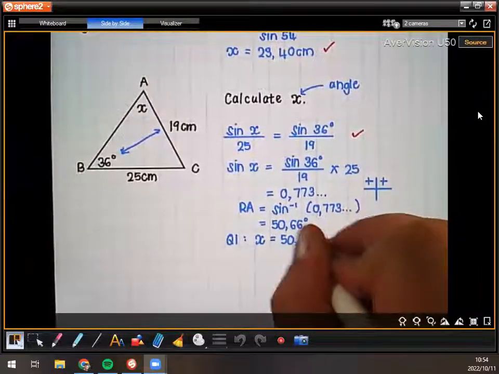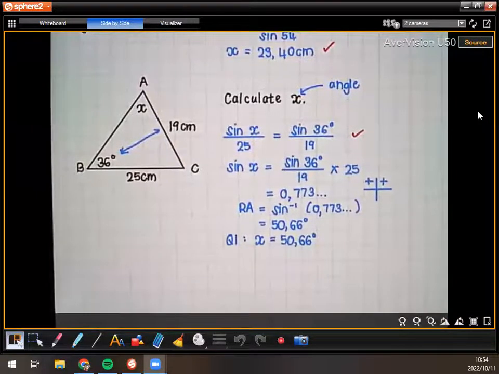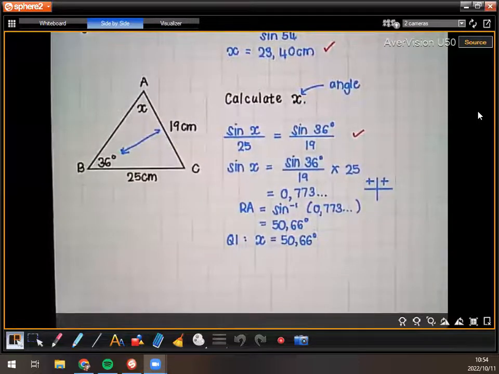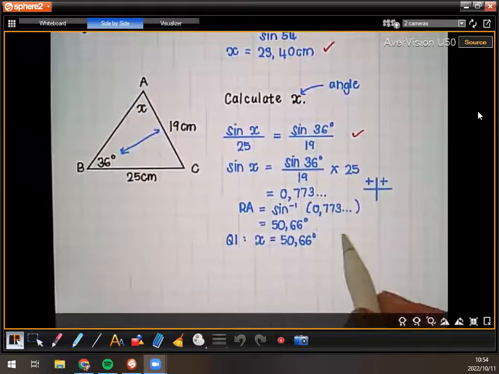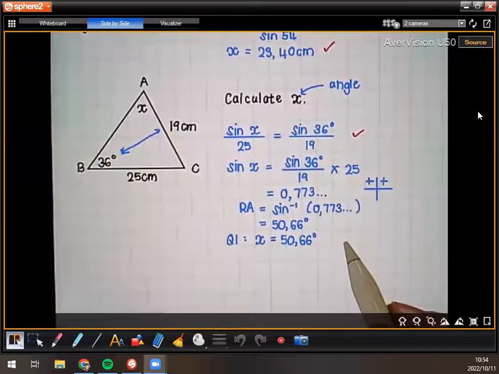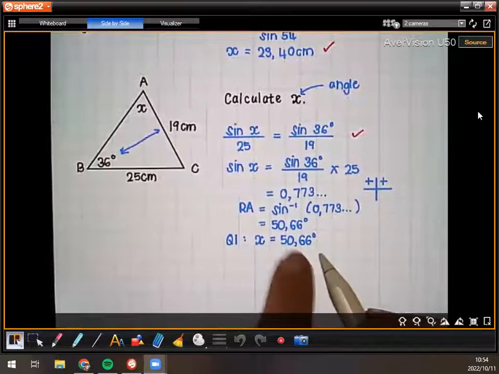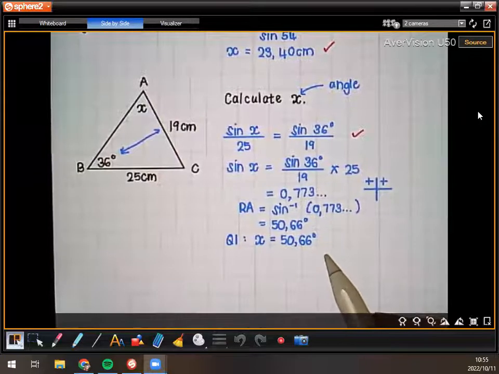Remember, that is what we always use in quadrant 1. So that means that x could be 50.66 degrees. Again, we don't have to write the plus 360 in because this is a triangle. We can't have 360 plus 50 degrees in a triangle as an angle.